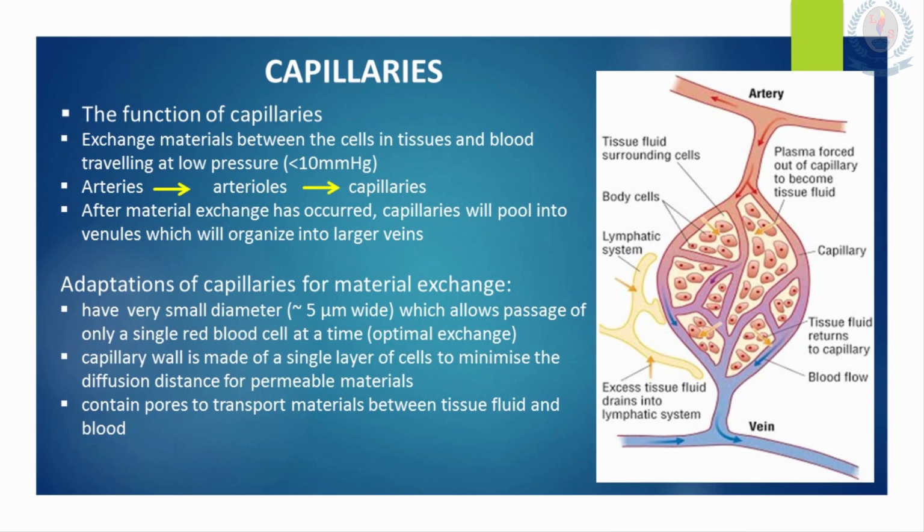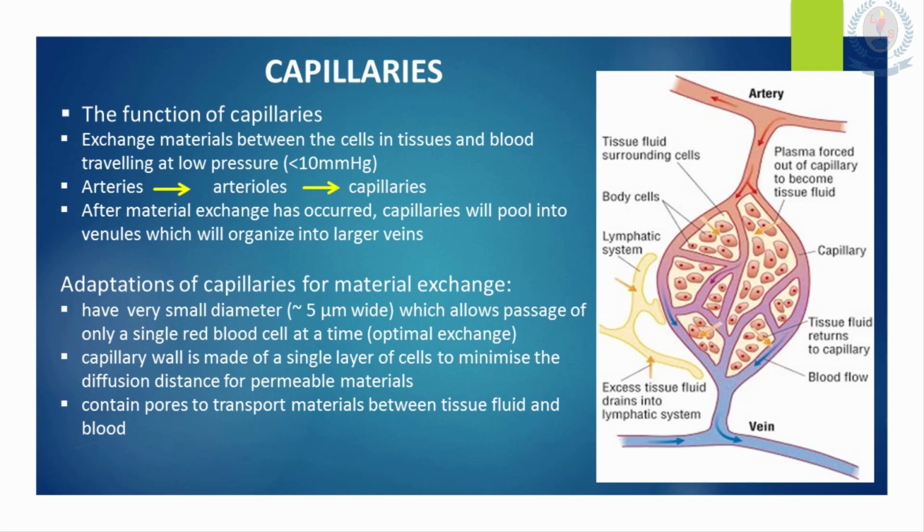Here you can see the main blood vessels in the human circulatory system. When the heart pumps, the blood vessels are the ones that carry the blood throughout the body. Arteries usually carry oxygenated blood, and veins usually carry deoxygenated blood.